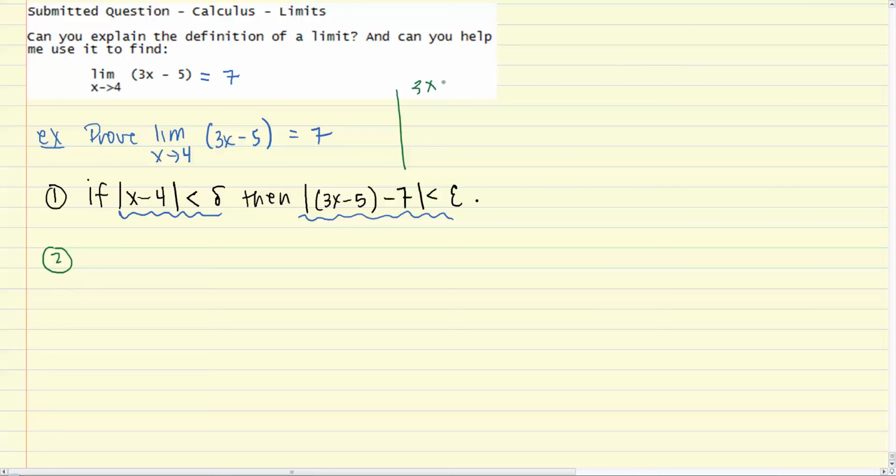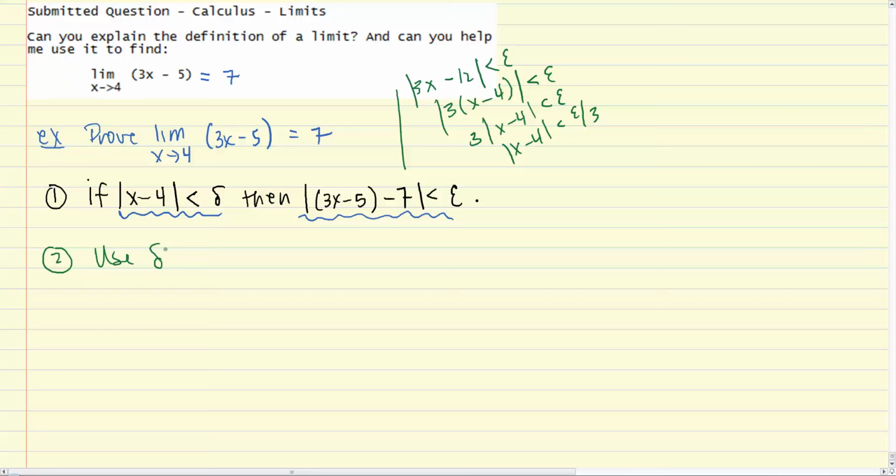So the absolute value of 3x minus 12 is less than epsilon. 3 times the absolute value of x minus 4 is less than epsilon. And epsilon over 3 looks like the way to go.